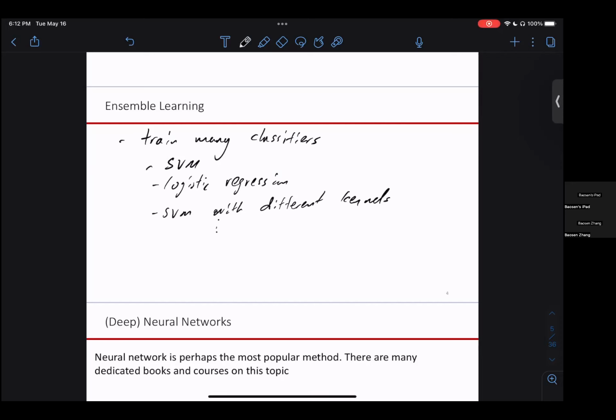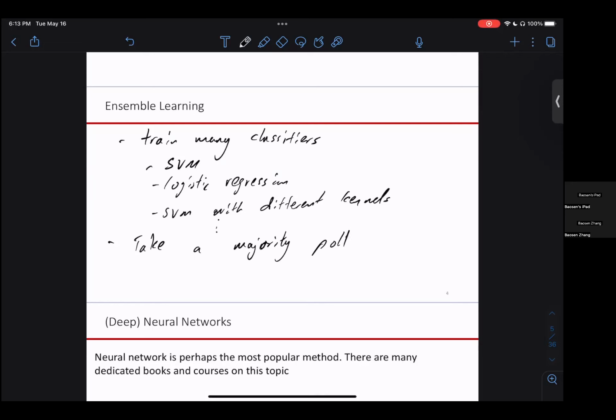Right, so you train a lot of them, right? On the same data set, you just keep training classifiers using different techniques. And ensemble means you take all of these. When you use it, you look at all of these things, whatever they spit out, and again take a majority poll. Whichever gets the most votes wins at the end.